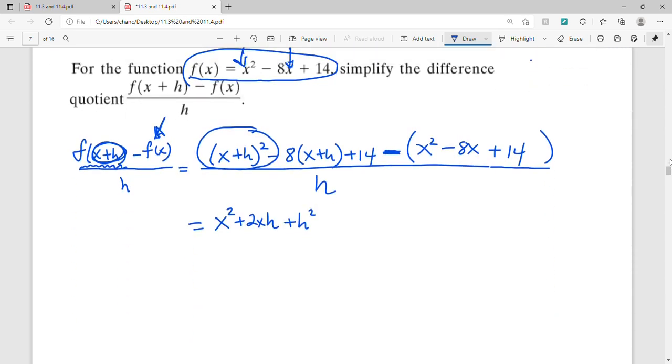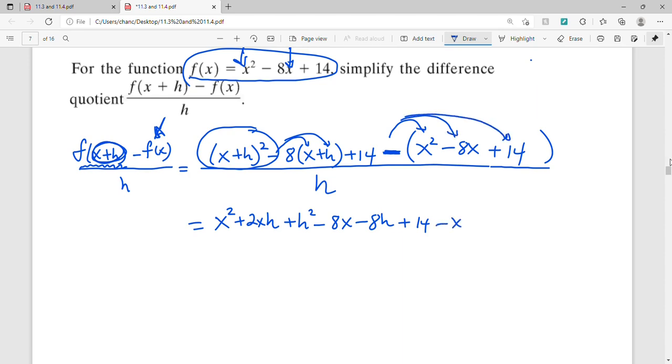We'll distribute with the negative 8. This is negative 8x, negative 8h. And then a plus 14. We'll distribute this negative out.